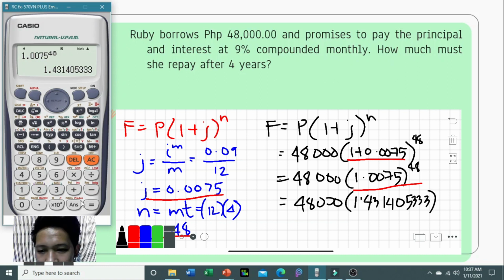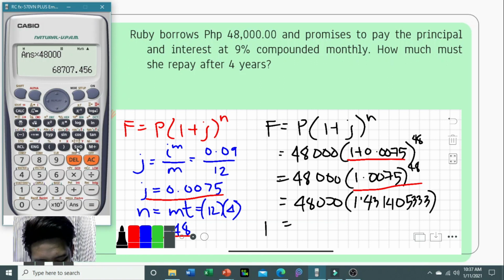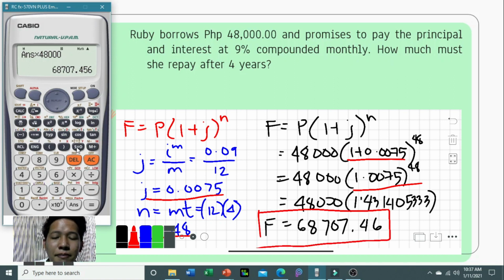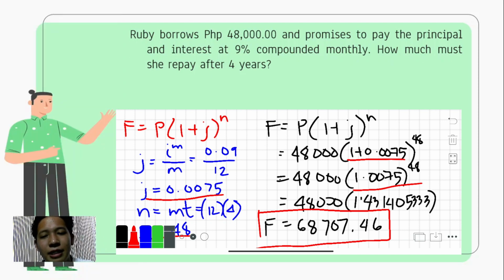And then, straight natin siyang i-multiply kay 48,000. And that will yield the future value, which is equivalent to 68,707.46 pesos. So, after 4 years, magbabayad si Ruby ng 68,707.46. And that's how we compute future value of compound interest, given that we are compounding more than once a year.